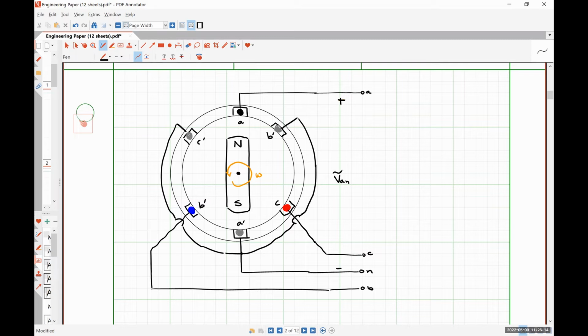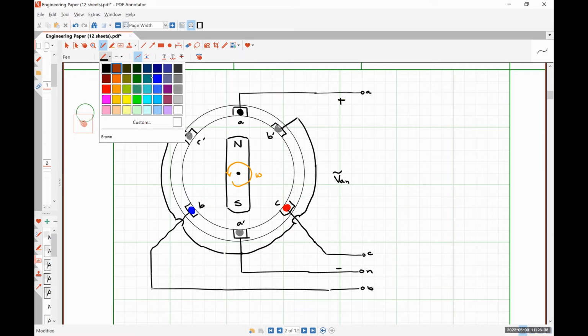When the north pole of the rotor is lined up, sorry, I have two B primes here. My apologies. The one with the blue shouldn't have a prime. When the north pole of the rotor lines up with coil B, then the voltage VBN will be at its maximum value. All right. So I'm going to write that guy right here, and I'm going to do it in blue.